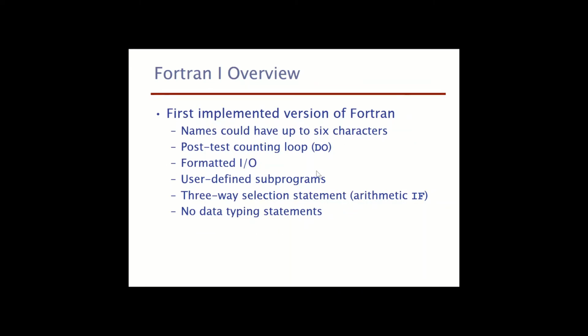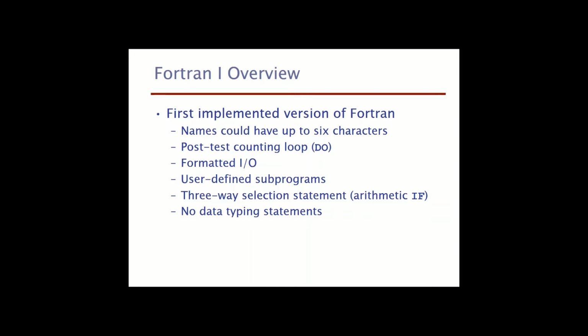And data typing, by the way, there was only implicit data typing. Data typing means what? If you want to declare an integer data type, you need to use I, J, K, L, M, and N at the beginning of the variable name. Let's say you want to call a number num, N-U-M, you need to start with N. In this case, it will be considered implicitly as an integer.